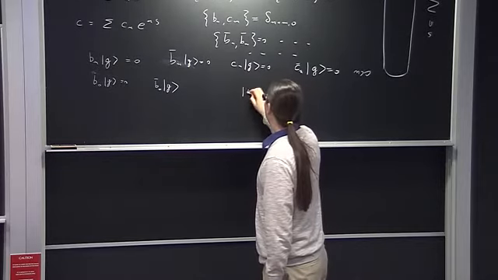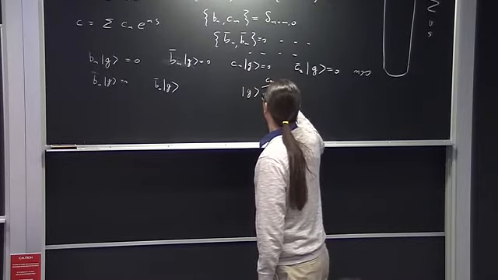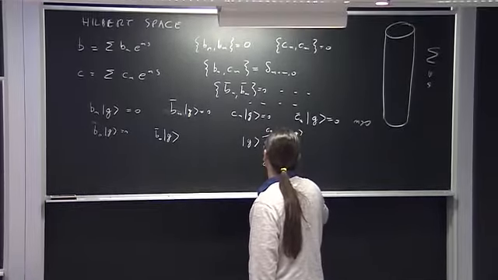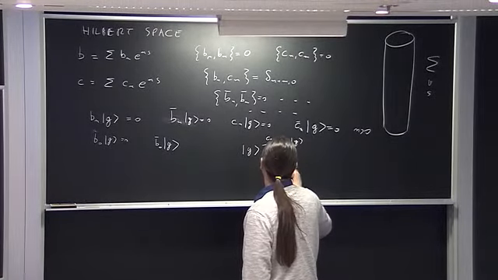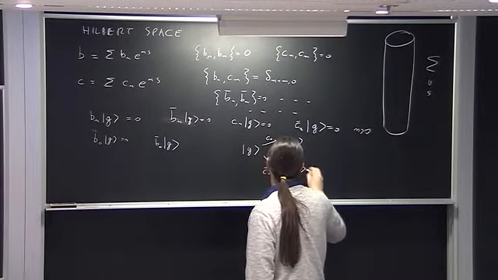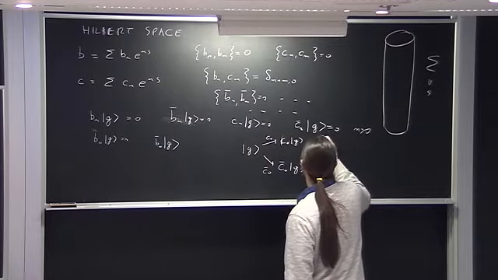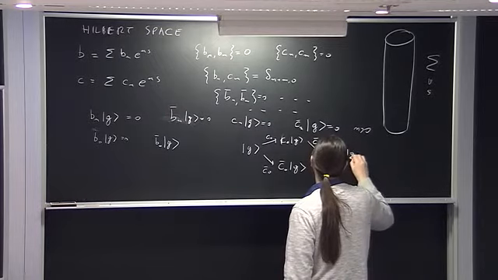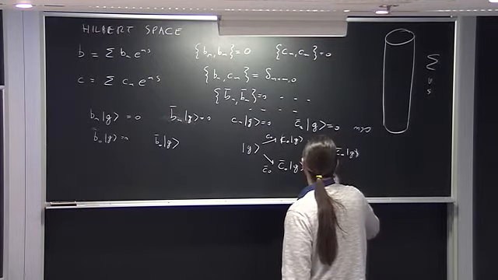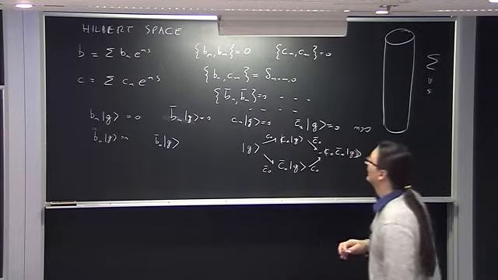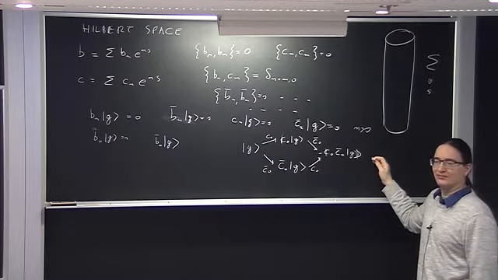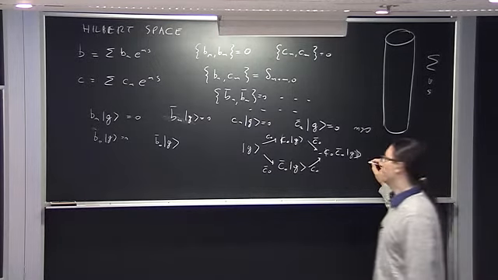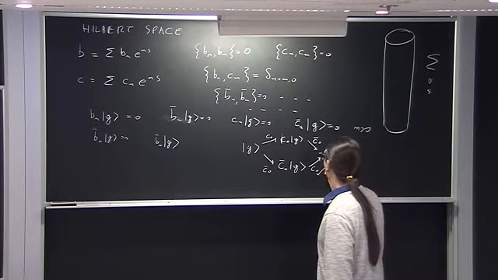So there is G. I can act with C0 and get C0 G. I can act with C0 bar and get C0 bar G. And then I act with both, and I get minus C0 C0 bar G. So I get four ground states. And because the anticommutator of C0 and B0 is 1, you can easily convince yourself that B0 sends you back.